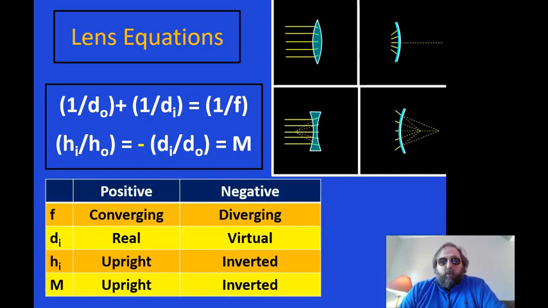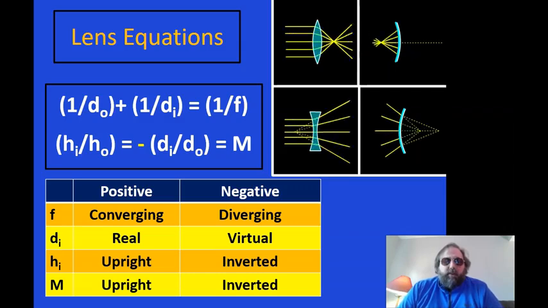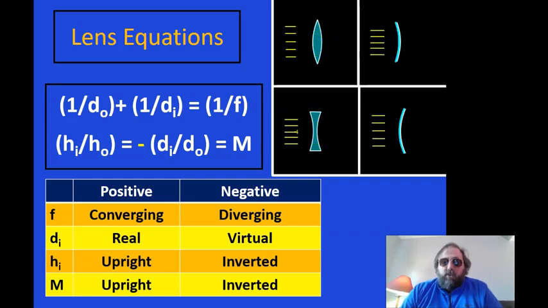Also the same are all the positives and negatives. So f is positive for a converging lens, negative for a diverging. dI is positive if the image is real, negative if virtual. If hI or M is positive, that's upright, and if hI or M is negative, that's inverted. So again, the equation stuff is all the same as we did with mirrors last week.